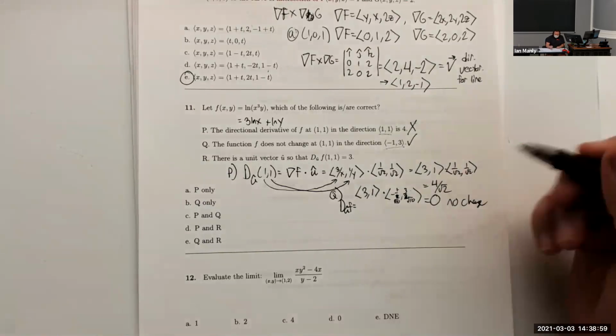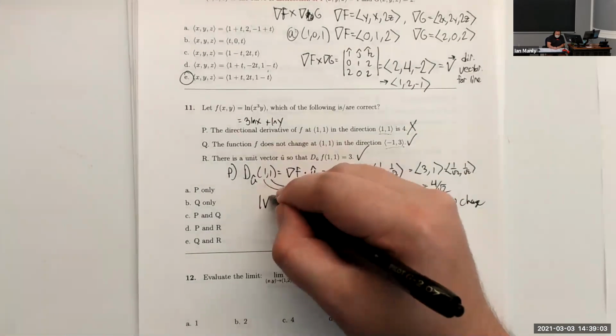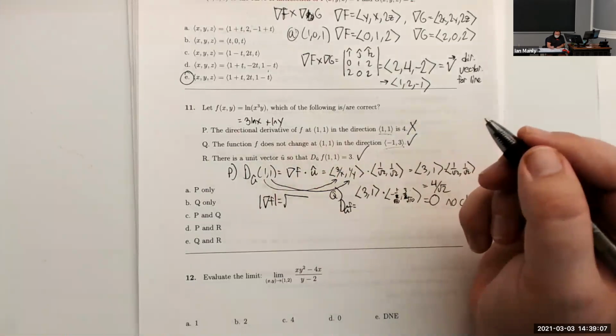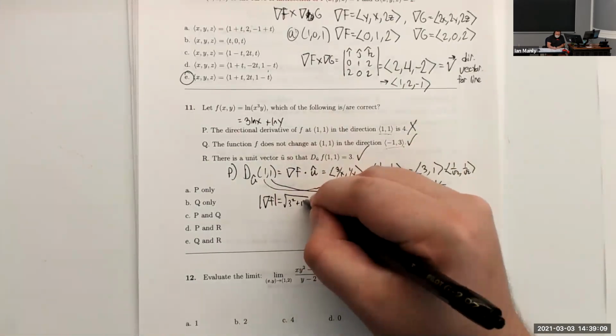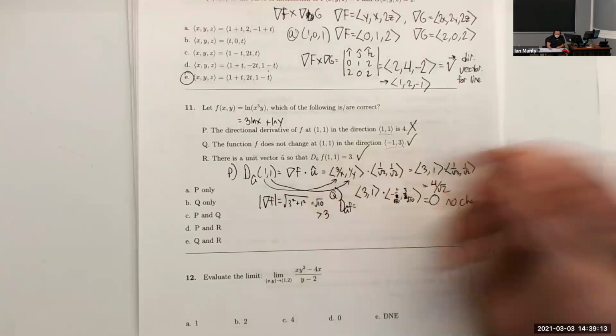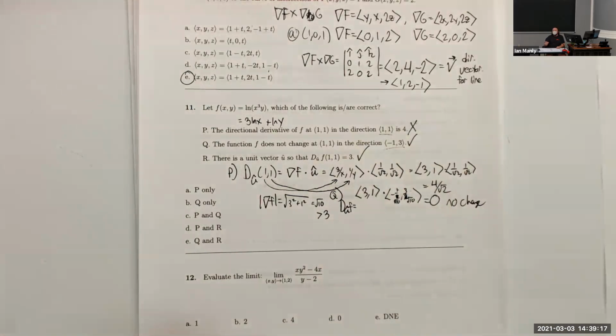So this is true. Reason being is, what's the magnitude of the gradient? Well, it's going to be the square root of 3 squared plus 1 squared, which is root 10. And last I checked, root 10 is greater than 3. So that means that our biggest rate of change is root 10, and also our greatest rate of decreasing is negative root 10.